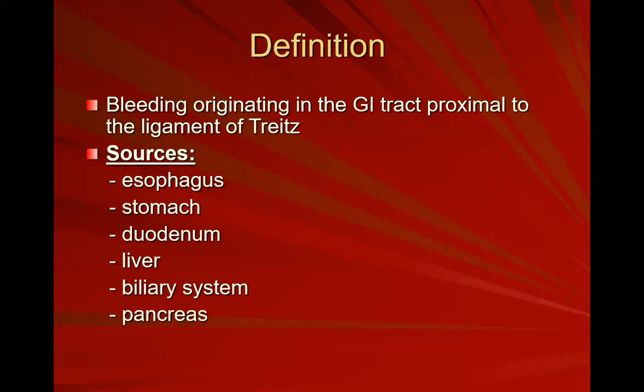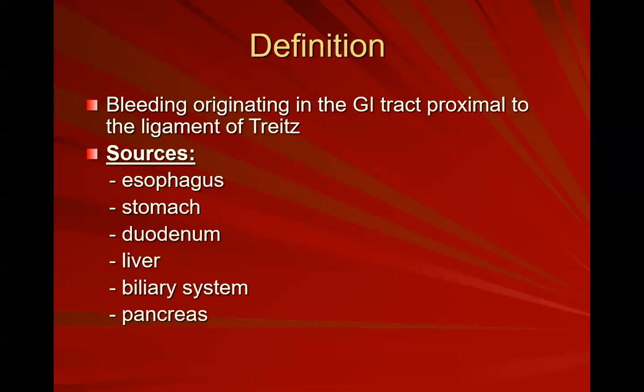The sources for upper GI bleeding could be anywhere from the mouth till the duodenum. So the sources here are the esophagus, stomach, duodenum, and the structures that have an opening into the duodenum, like the liver, biliary system, and pancreas, since they all drain into the ampulla of Vater.